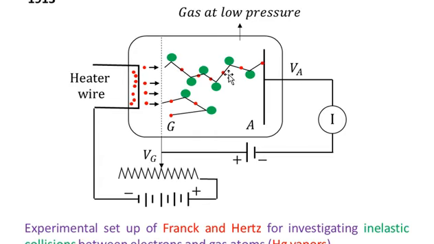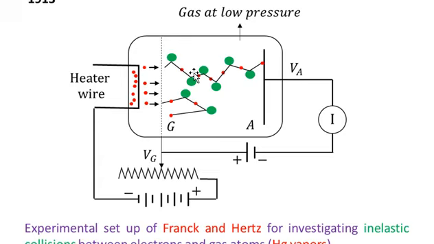You see that there are two types of collisions. One is the elastic collision, the other is the inelastic collision. In the elastic collisions, the electron will collide with the neutral mercury atoms and will be scattered in some other direction, as represented by the first path of the electrons at the top.